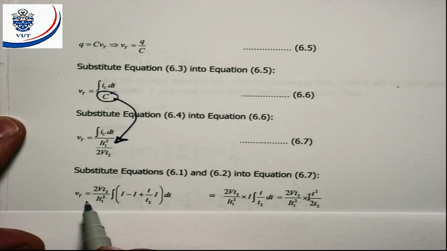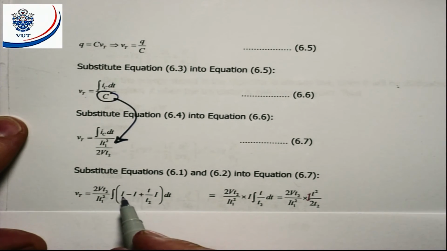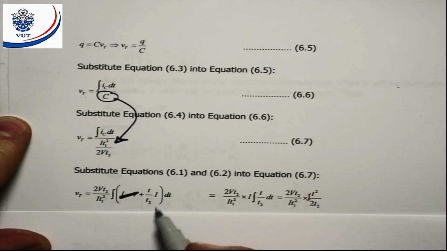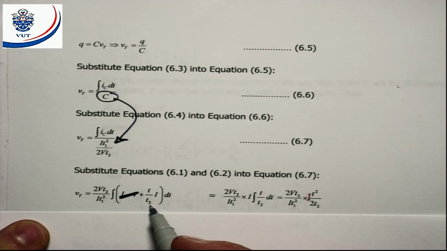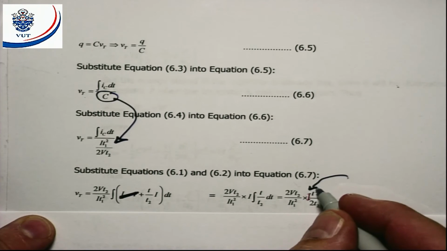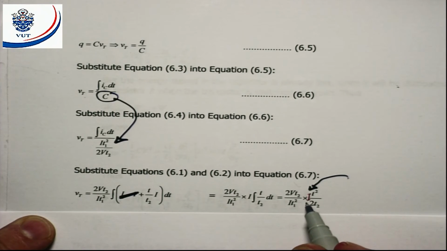We get that Vt is equal to 2Vt2 over IT1 squared, and the integral of I minus I, those two cancel each other, plus T1 over T2 I. There is a typo in the book; there must be an I before the last term.